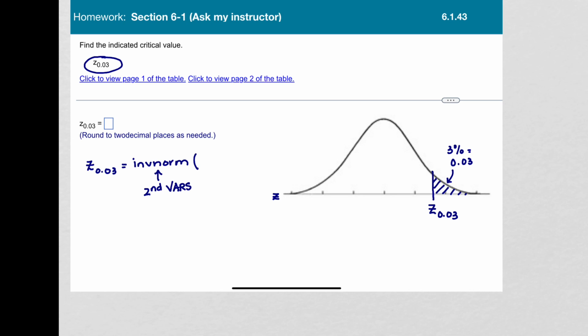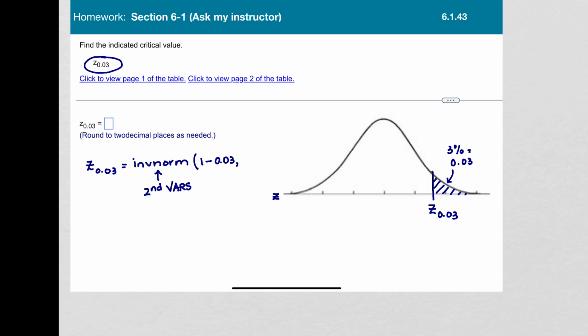The notation is the exact opposite. There's a couple of ways to approach this. The most direct way is to say we have 100% minus the 3% on the right, which gives me the percentage on the left. I don't even need to know that that's actually 97%. I can just type it in as 1 minus 0.03, and that'll give me the correct answer.